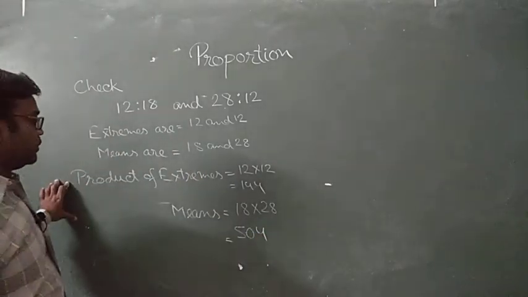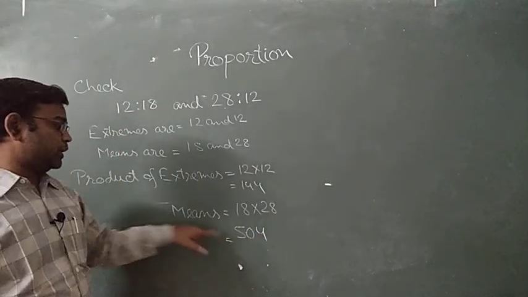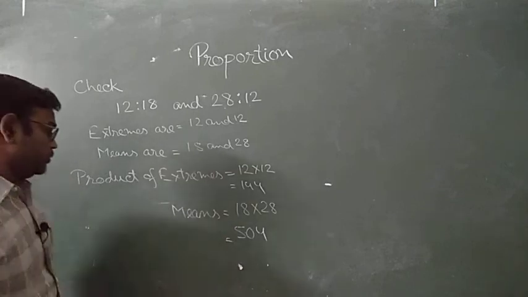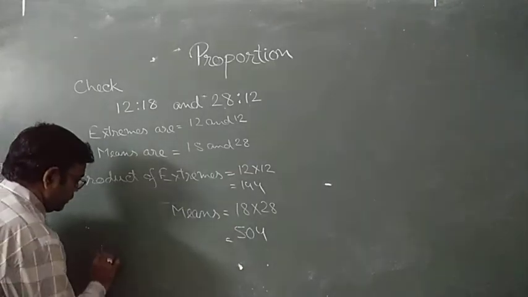And here what we are observing is that product of extremes and product of means are not the same, so we can say they are not in proportion.